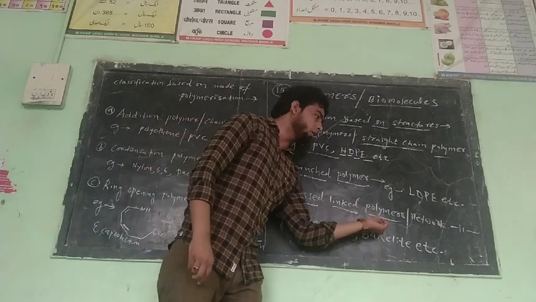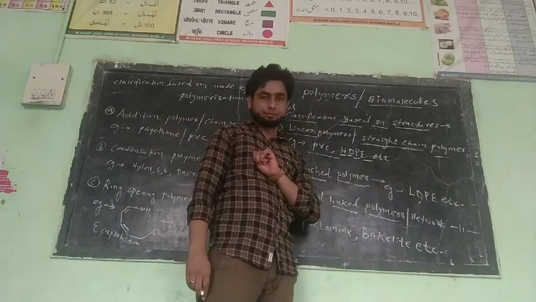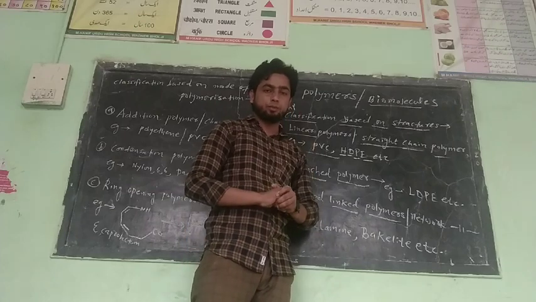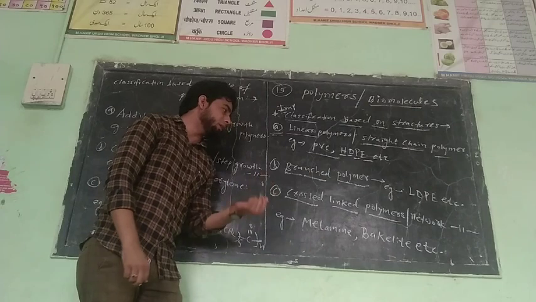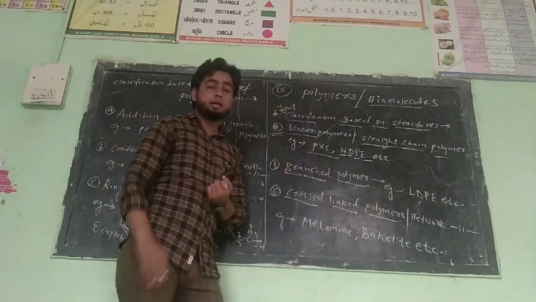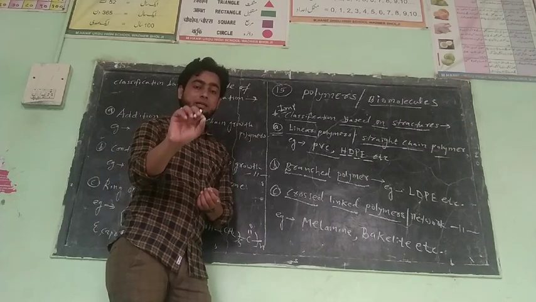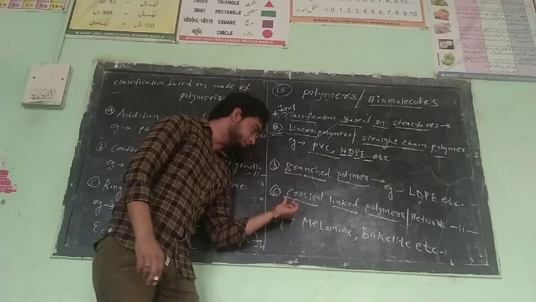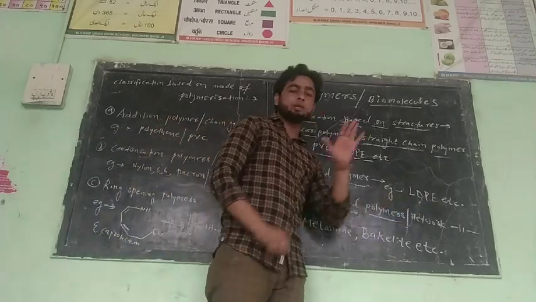Cross-linked polymer is also called network polymer. Now we discuss the definition. What is cross-linked polymer or network polymer? Those polymers which contain a network; that's why it is called cross-linked polymer or network polymer.